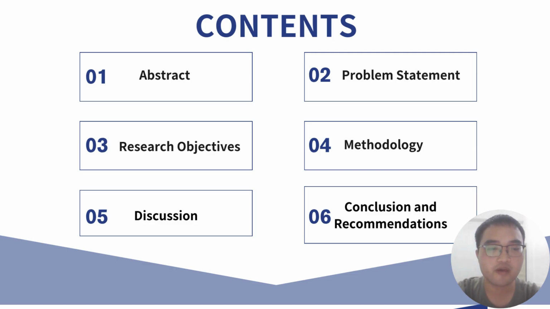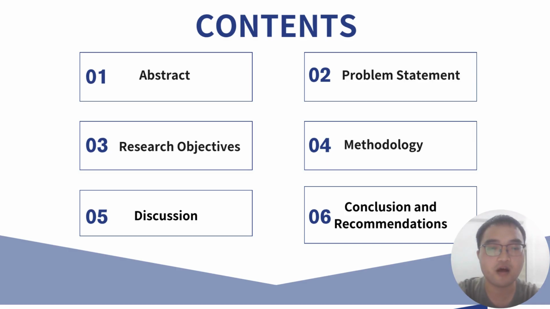Before diving into the main content, let me briefly walk you through the structure of this presentation. This report is organized into six parts. Part 1 is the abstract, providing an overview of the research background and key findings. Part 2 is a problem statement, identifying the main research questions.